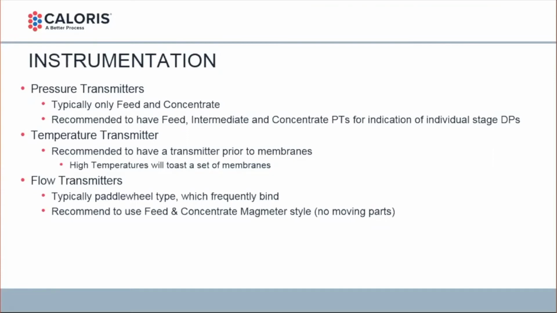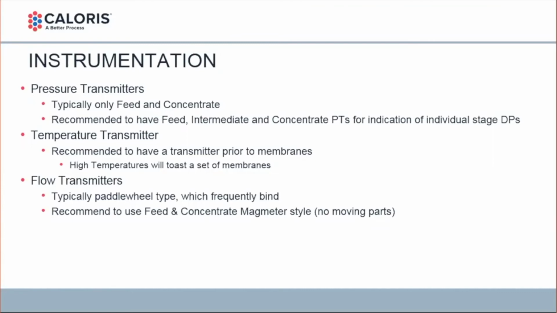And why that's important, RO fouling issues can be best diagnosed by knowing which stage has the abnormal pressure drop. High DP in the second stage means that you've got a scaling issue. If you've got a high differential pressure in the first stage, that usually means that you have a suspended solids or biofouling issue.